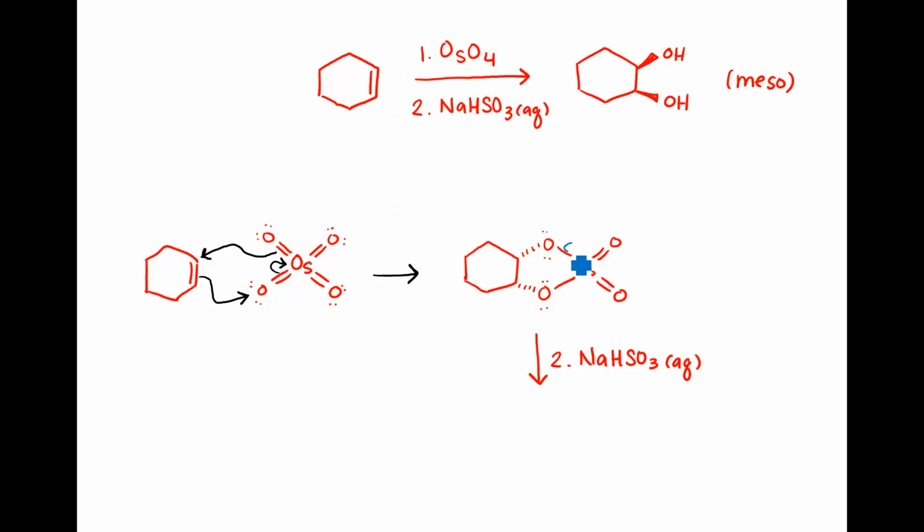We don't go over the mechanism of this step, it's beyond the scope of the class, but that will produce the final product, which is the Syn diol. And remember, because the product is meso, what I drew here with the down-down alcohol is the same as the up-up alcohol that I showed up here.